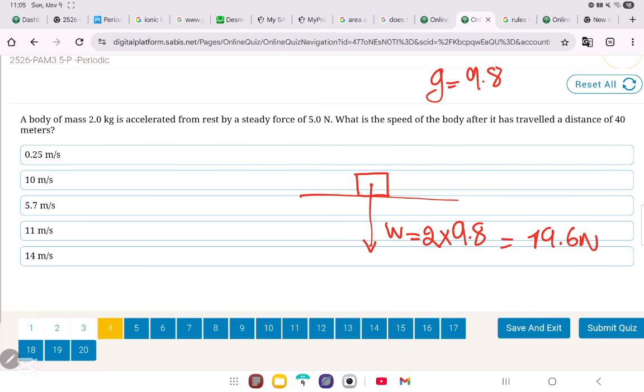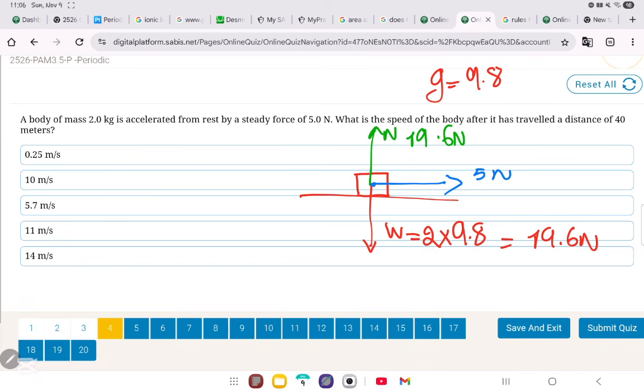Now what did they tell us? It's accelerated from rest by a steady force of 5 newtons. We know that there's a normal push, and in this scenario it counteracts the weight, so it's equal to the weight but in a different direction. And then we have a steady force of 5 newtons over here.